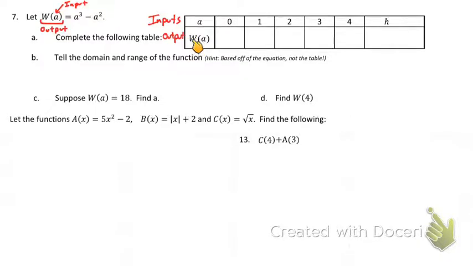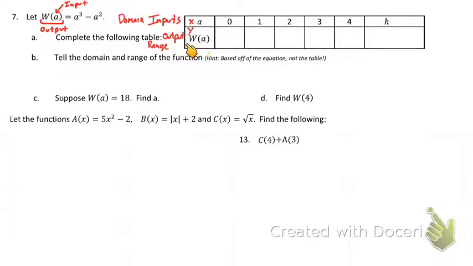So it's the answer to our equation W. That's what's going to go here. Okay? As a reminder, our inputs are also called our domain, and our outputs are also called our range. Okay? In IM1, this was called the X. This was called the Y. All right? It essentially means the same thing. The only thing we're doing now is writing our answers a little differently.